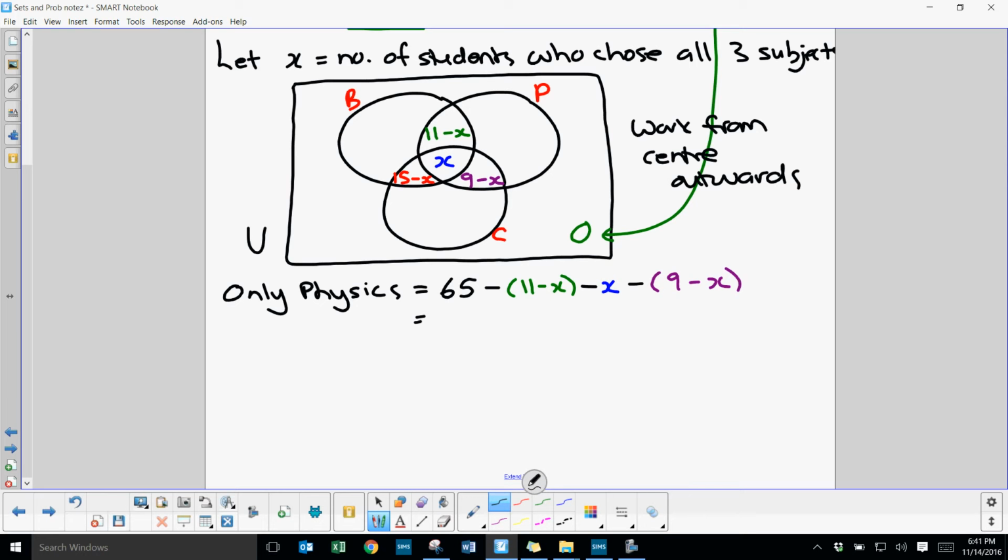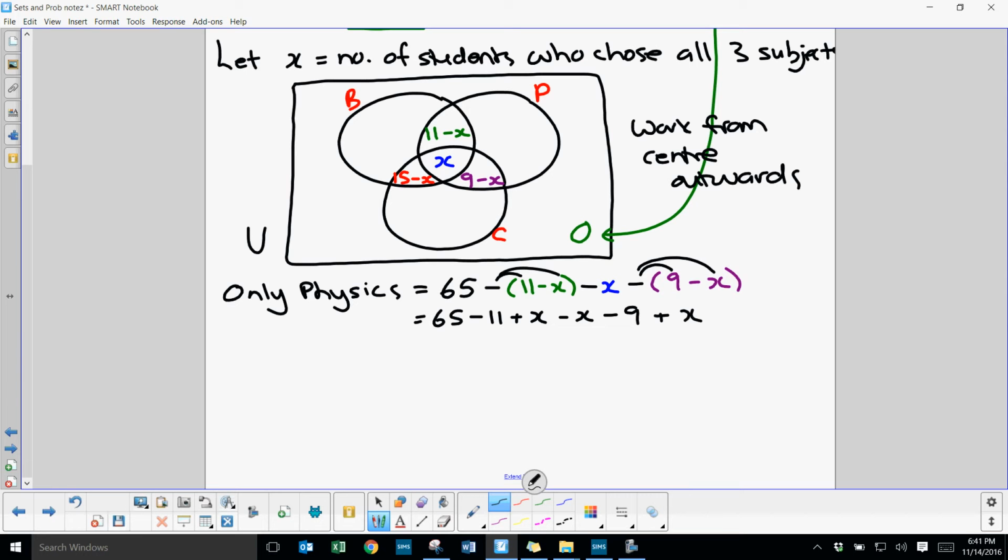So equals 65 minus 11, but don't forget you're doing this. Minus 11, negative x is plus x. And then the blue minus x is still there. Then negative 9 plus x. That's really important you do these kind of like expanding carefully.